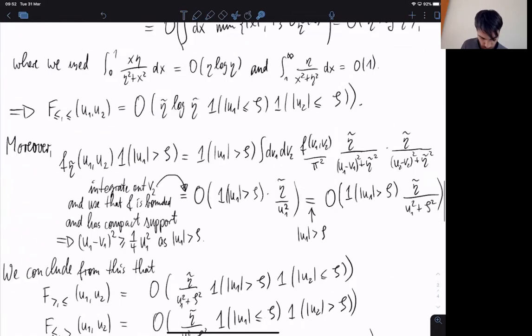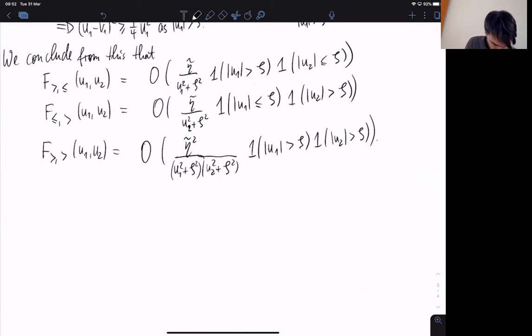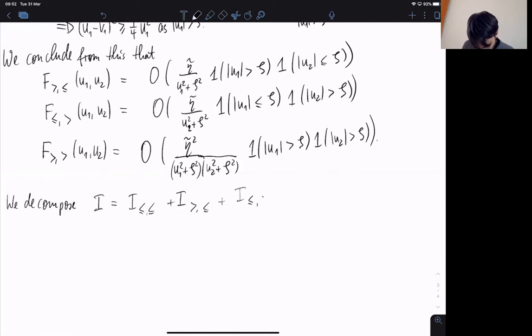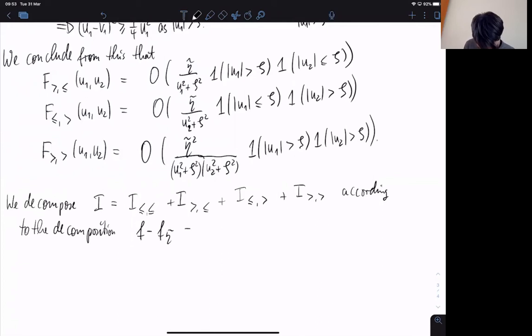Okay, so we decompose I being I smaller-smaller, plus I bigger-smaller, plus I smaller-bigger, plus I bigger-bigger, according to the decomposition when we had the difference of the f's: f smaller-smaller, plus f bigger-smaller, plus f smaller-bigger, plus f bigger-bigger.